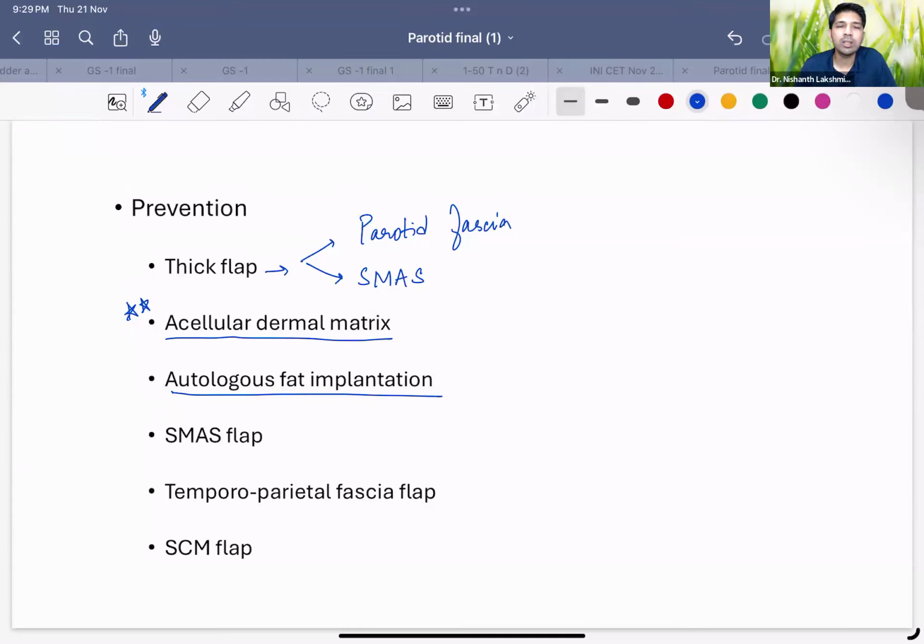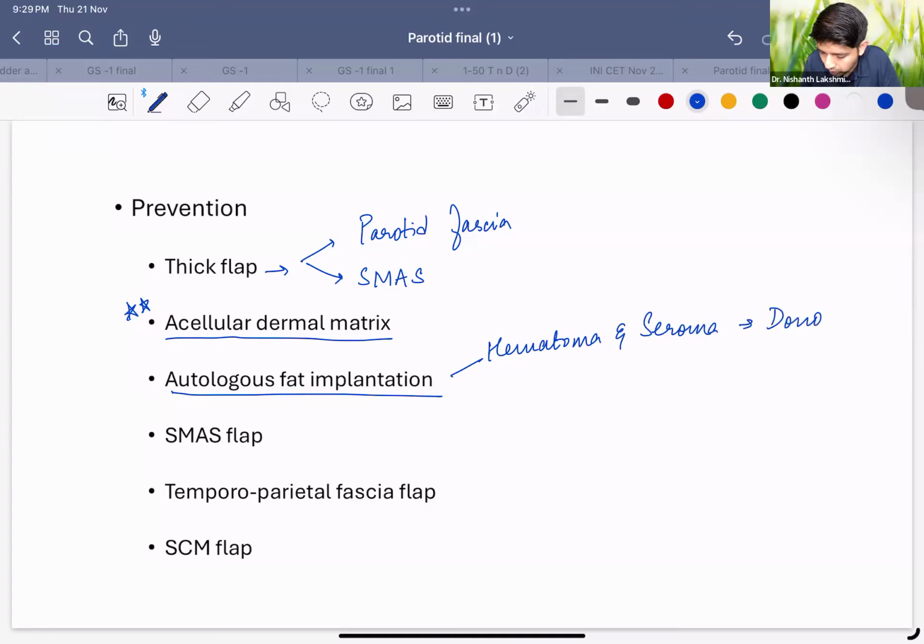Next is autologous fat implantation, where you take fat from another area and you inject it into this area in between the dissected area and your thick skin flap. The problem here is whenever you do this, you're taking fat from one area and putting it in the other. You're leaving a hollow cavity in the other area. So the risk of hematoma, seroma, all that is there, at the donor site.